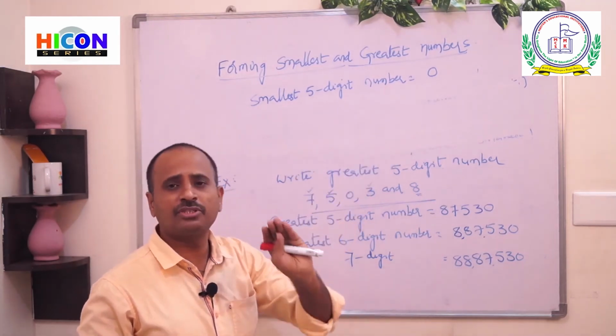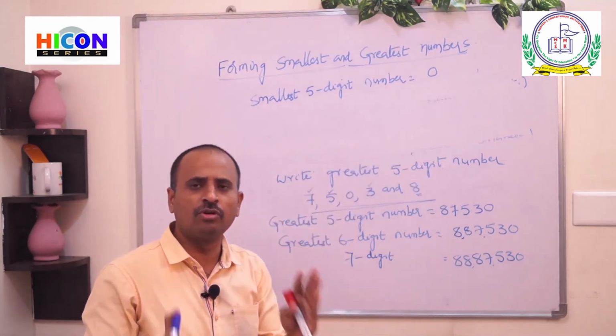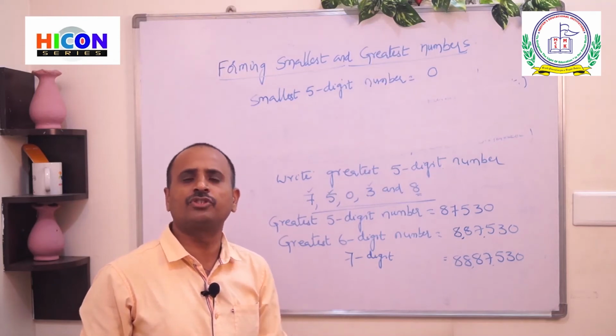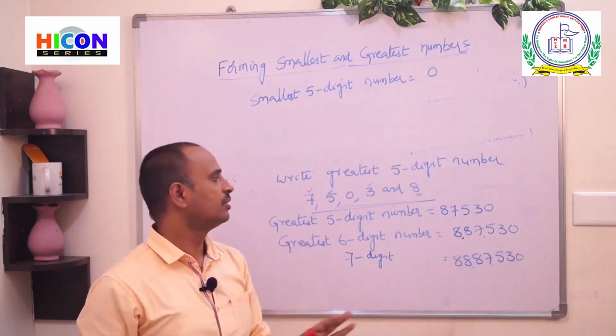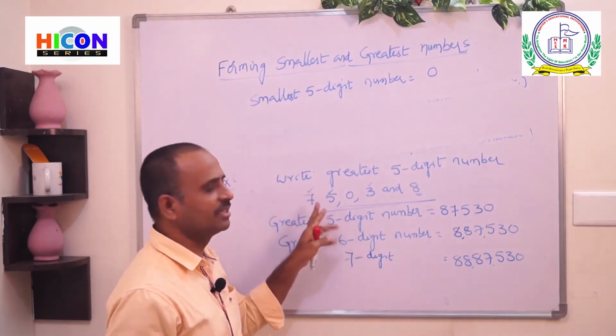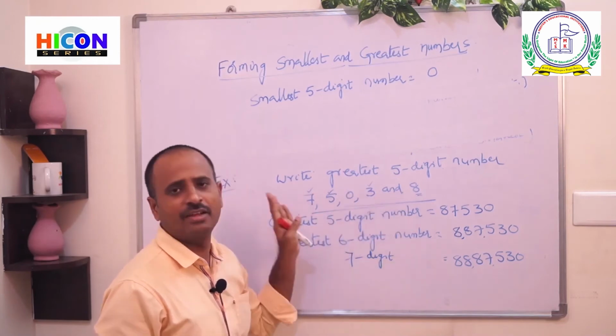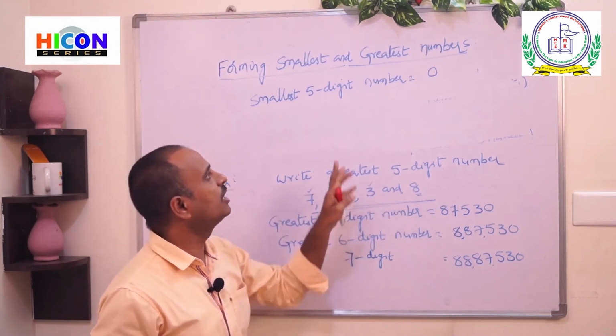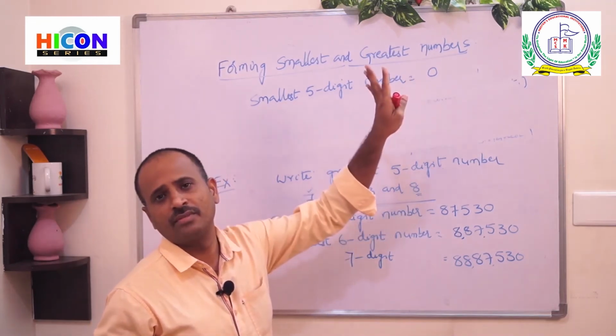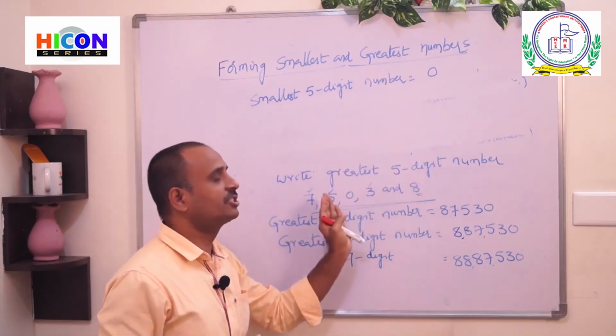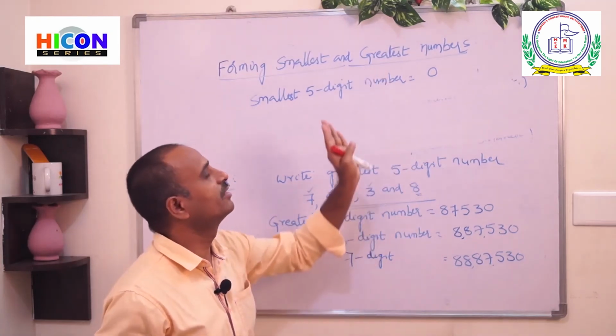If any number starts with 0, it has no meaning. So while arranging the digits in ascending order, 0 should not be written first. The next smallest digit should be written first.